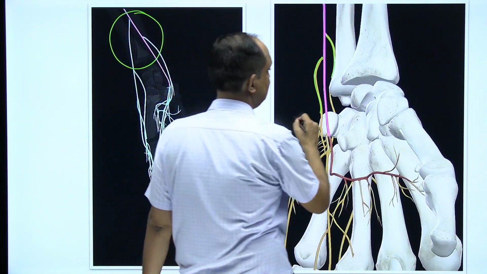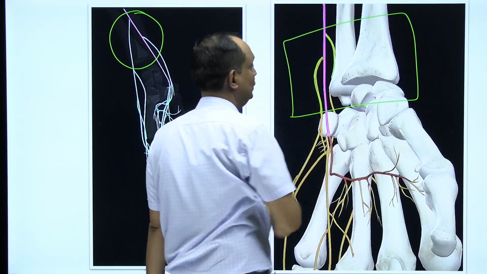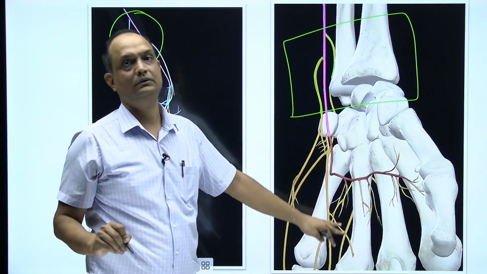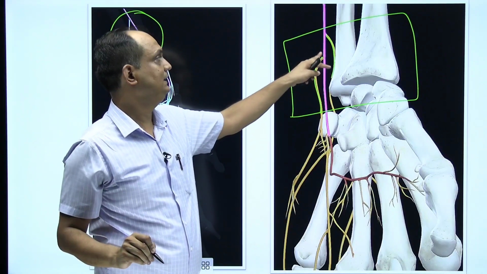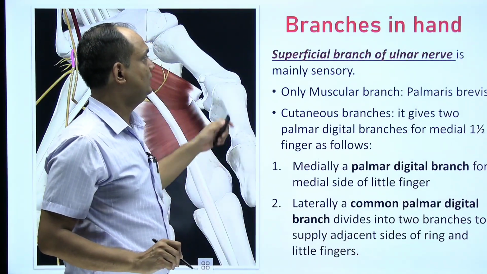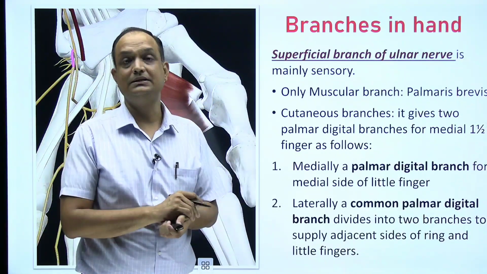And these branches are arising in the lower part of the forearm. So though they are supplying your hand, they are arising in the lower forearm. Clear? Now what are the areas or the branches in the hand?